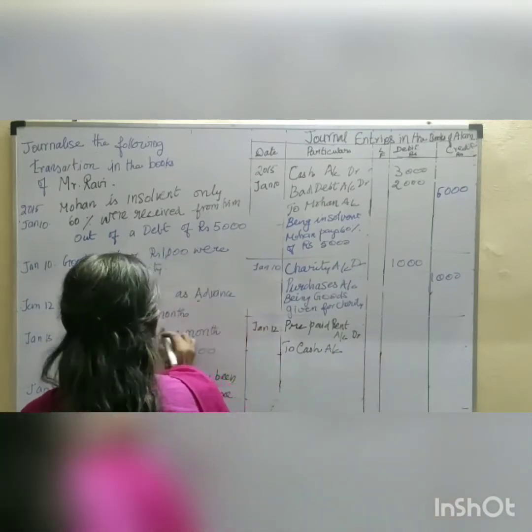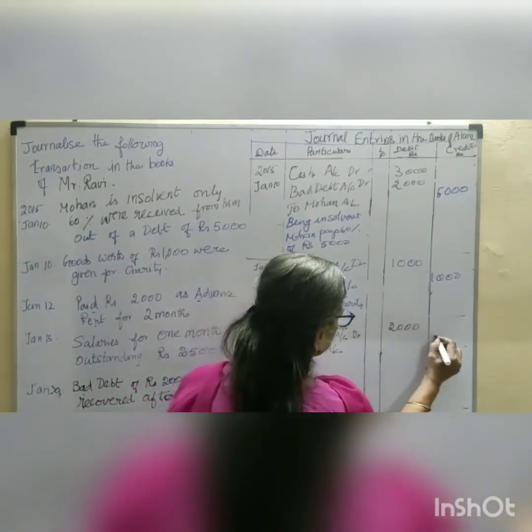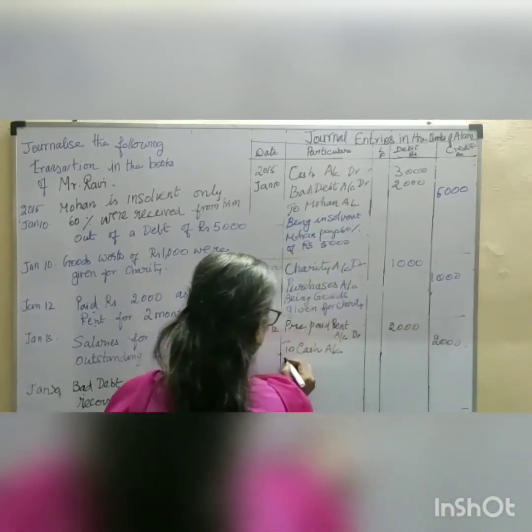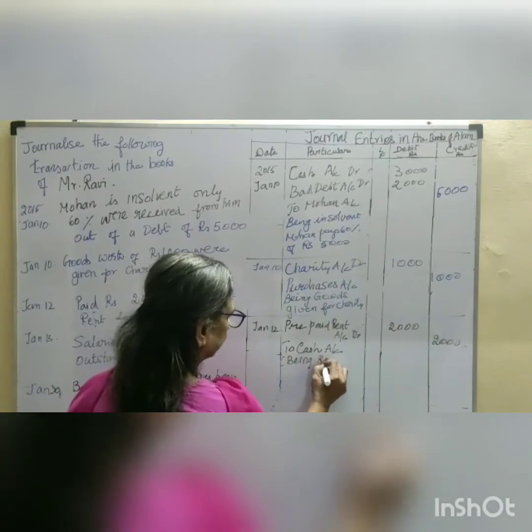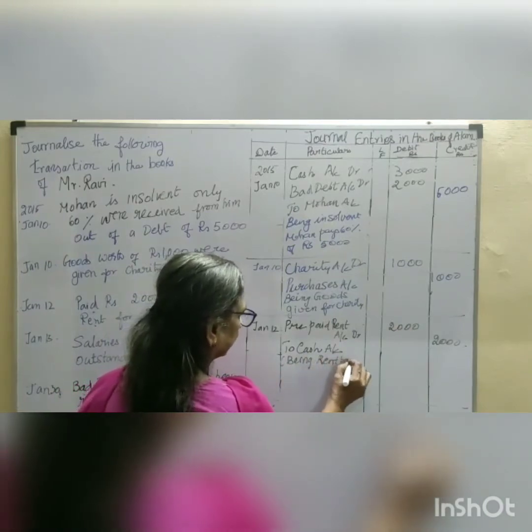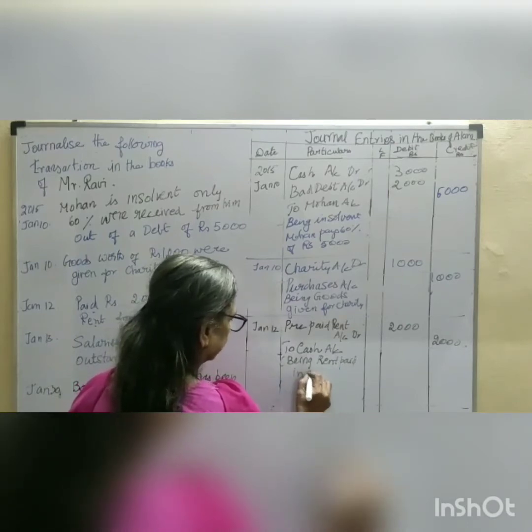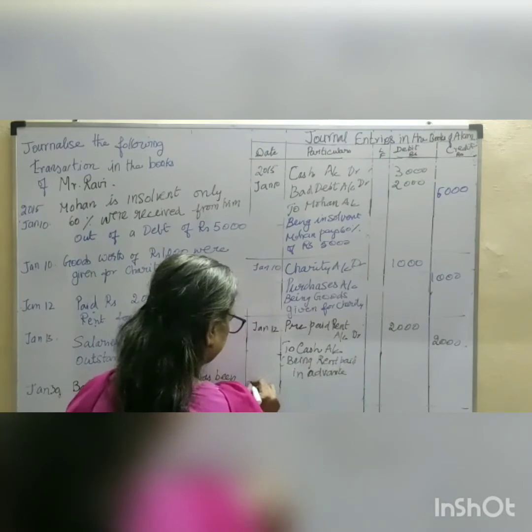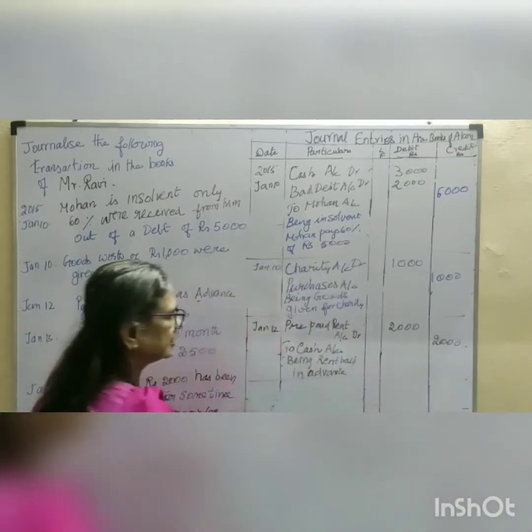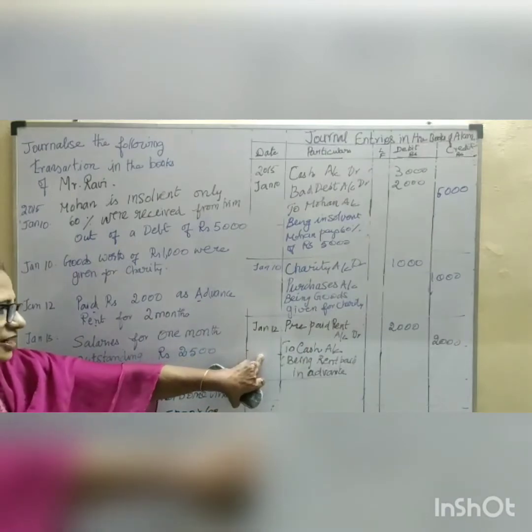How much? 2,000. Being rent paid in advance. Receiver of the benefit is prepaid rent account. Giver of the benefit is cash account.